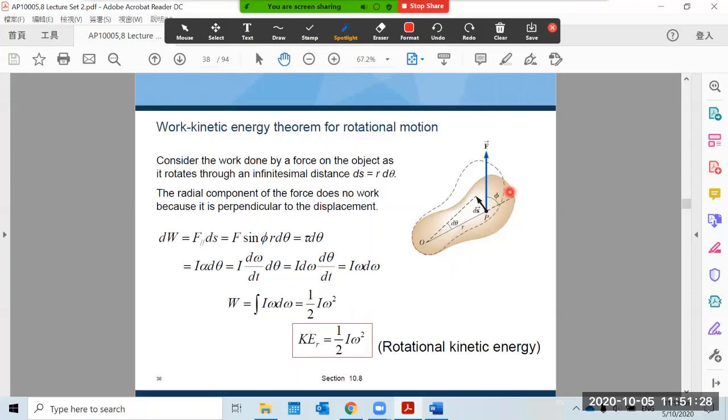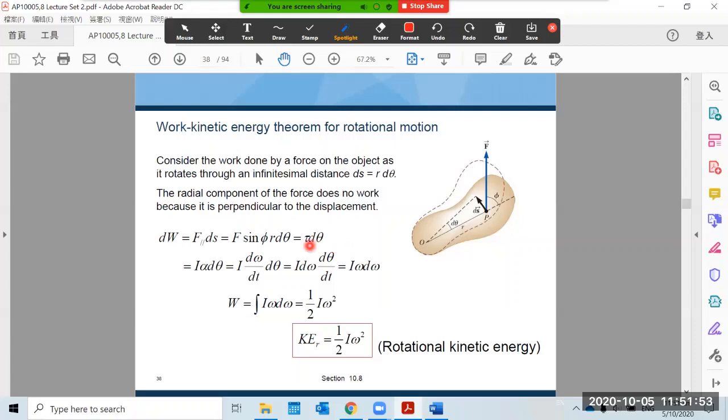Here, we try to derive the work done in rotational form, and we find that it has a similar format. It is torque times the angular displacement. That is the important thing.